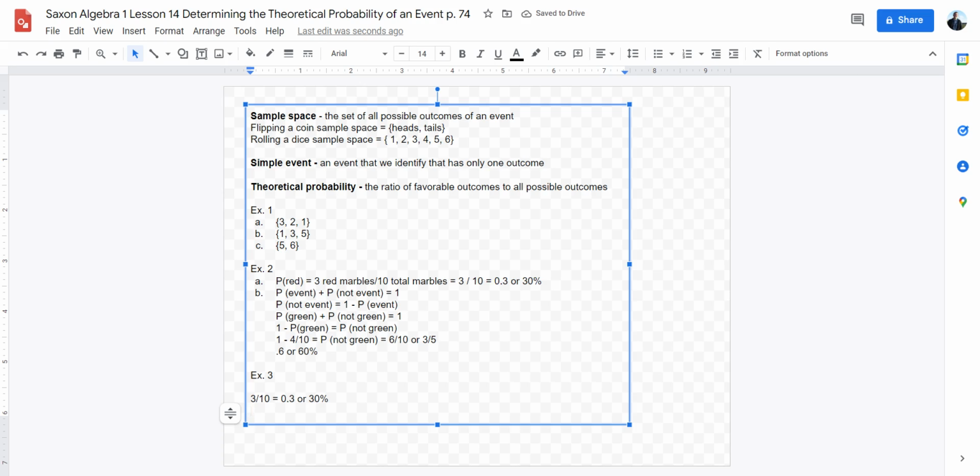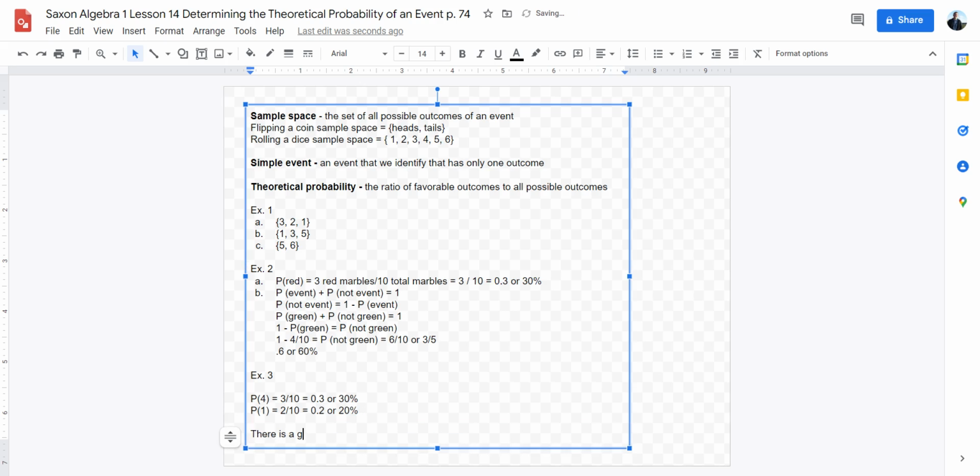So the probability of drawing a 1 equals 2 out of 10, which equals 0.2 or 20%. So there's a greater chance, that's how I would answer this one. There is a greater chance of drawing a number greater than 4 because it has a higher probability.